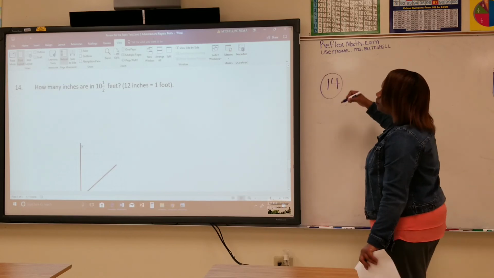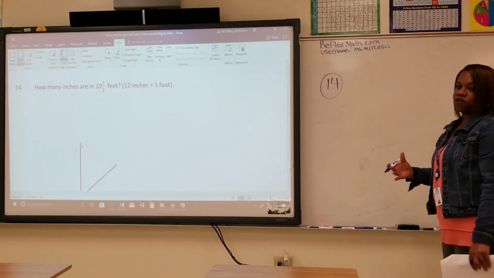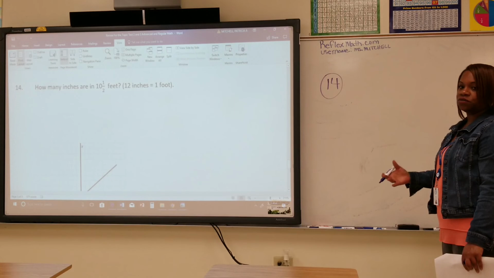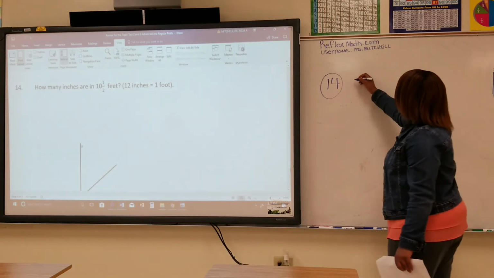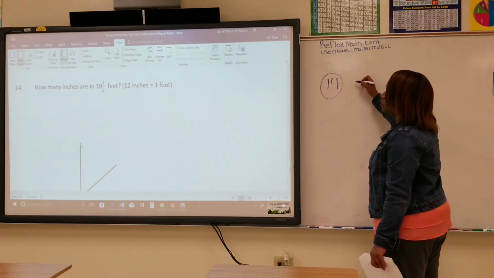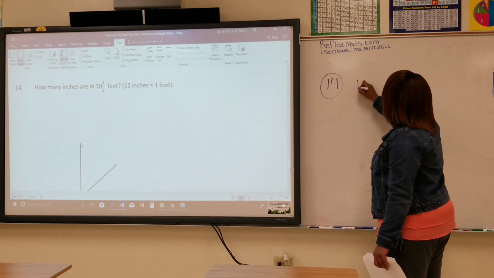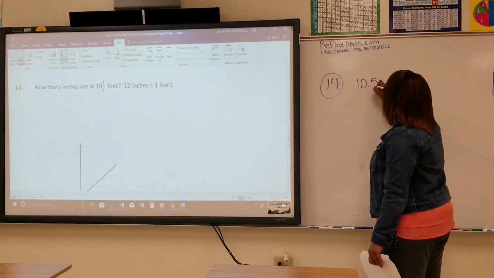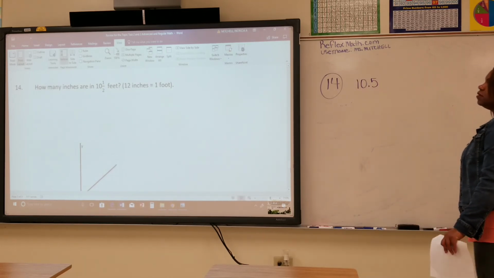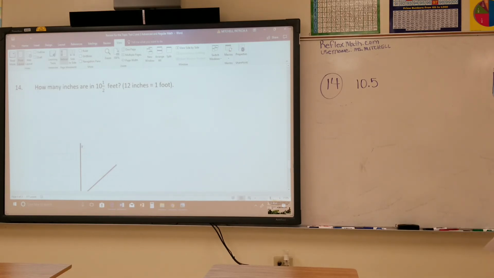So remember what I told you about fractions. If you don't like looking at them, turn them into decimals. So they say how many inches are in 10.5 feet? So 10.5. And then they told us that 12 inches are equal to 1 foot.